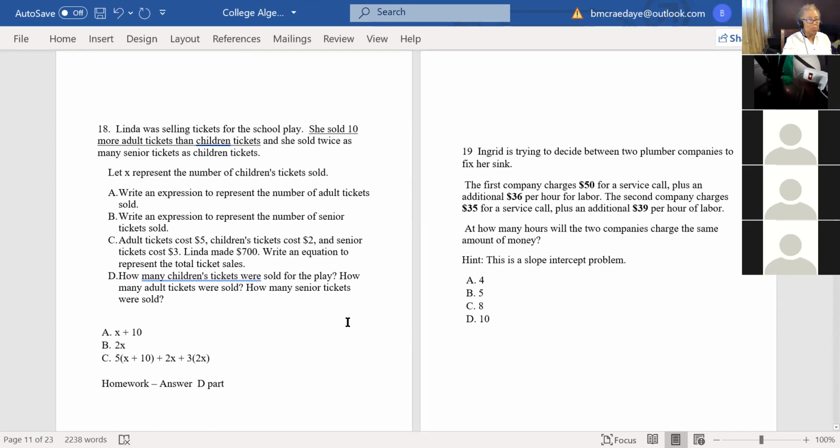How many adult tickets were sold? How many senior tickets were sold? Questions on what your homework is? That's your only homework. Answer part D. And you've got A, B, and C all answered, so you should be able to plug in and solve.